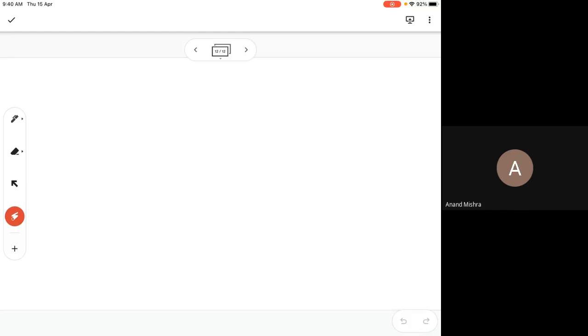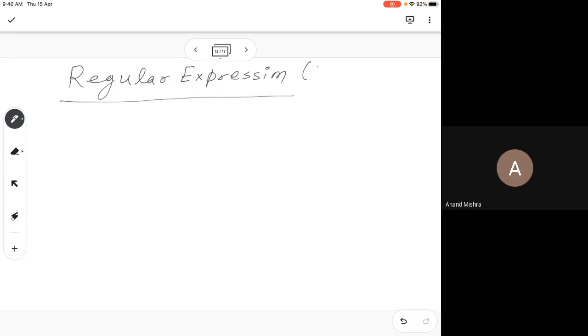Okay, so now let's look into something called regular expression, or regex.